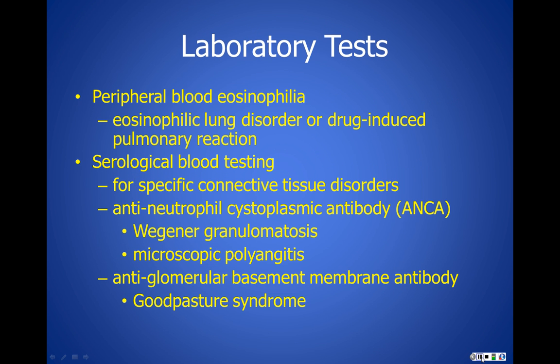Okay. Lab tests, we need to get appropriate tests. Some patients with interstitial lung disease may have eosinophilia, and we may have to suspect eosinophilic lung disorders. Usually these patients also have symptoms and signs of asthma. We are very good about working up the patient for connective tissue disorders, and we need to get ANCA antibodies for Wegener's or microscopic polyangiitis.